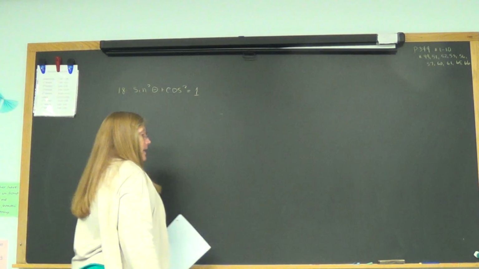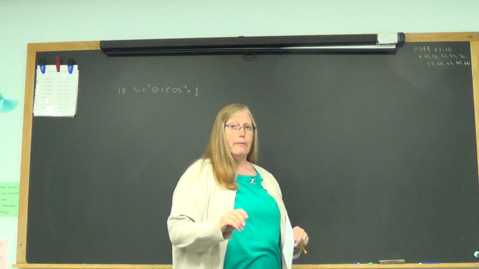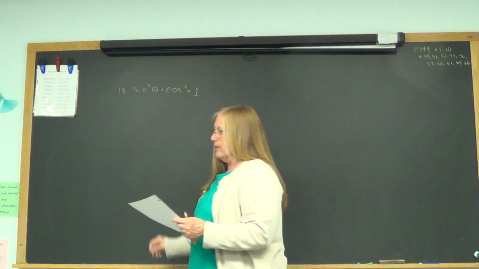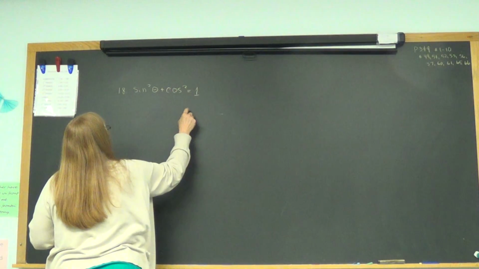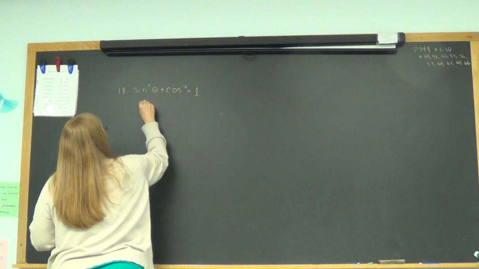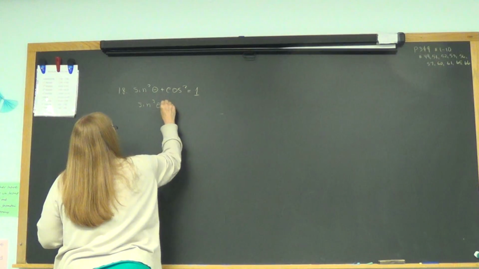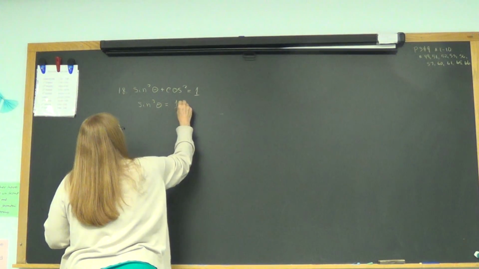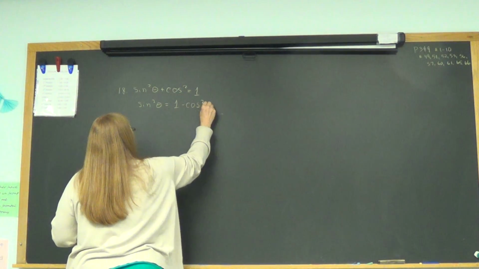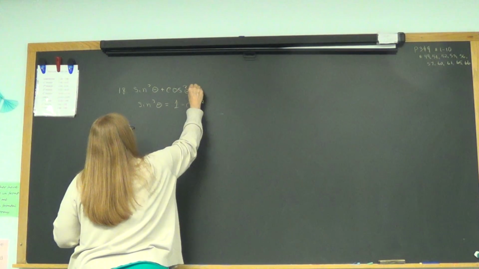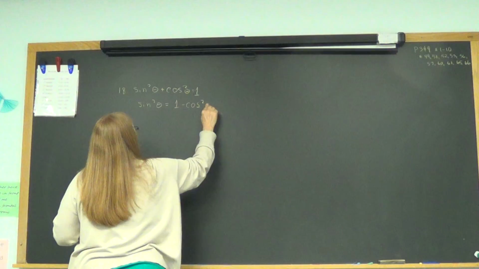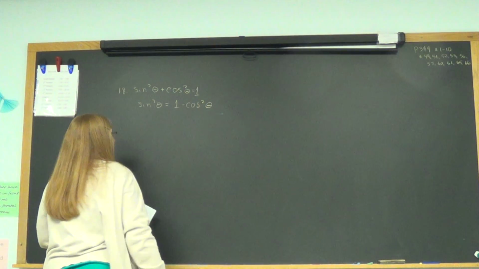I want to indicate that that comes in two other forms, and that is just a rearrangement of those algebraically. If I wanted to put sine squared by itself, I can move cosine squared to the other side where it becomes negative. So that is the same trig ID, except in a different form.